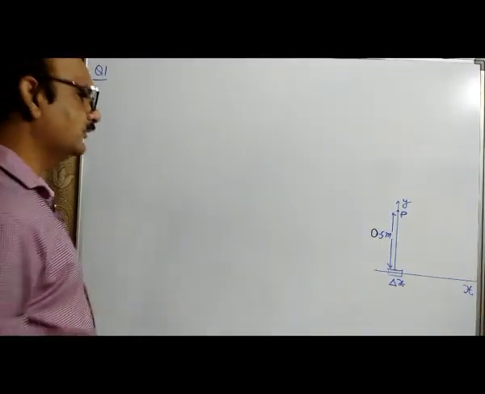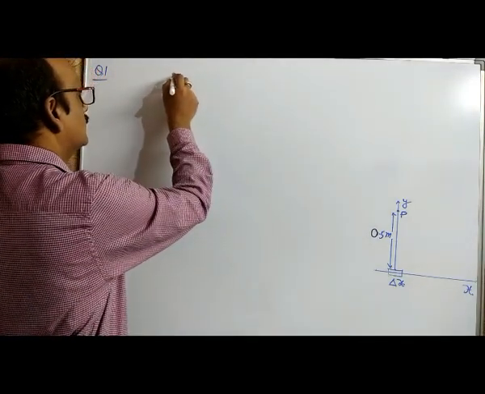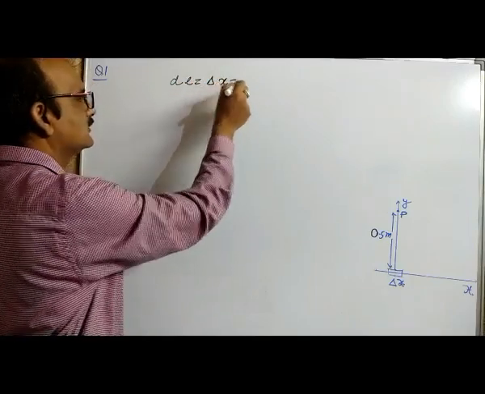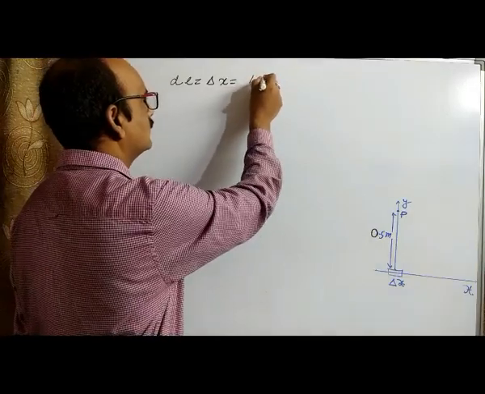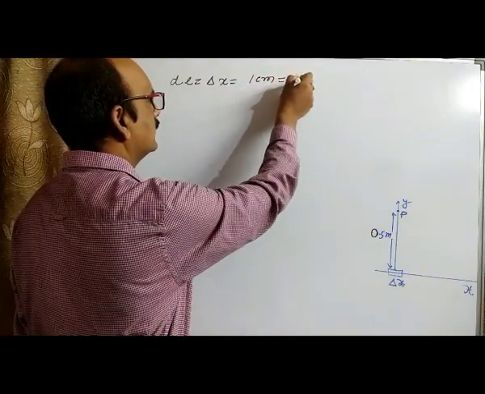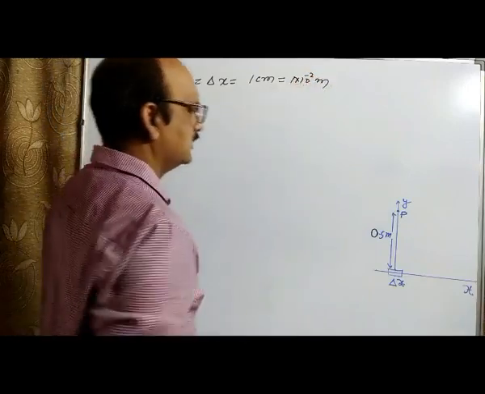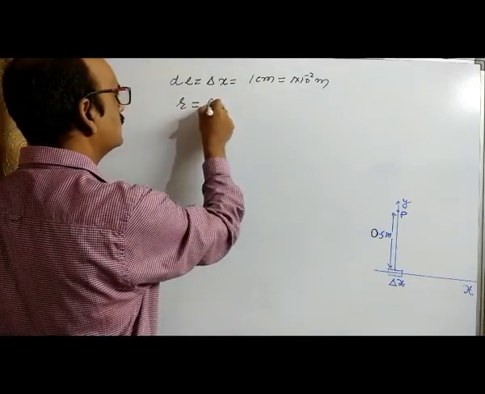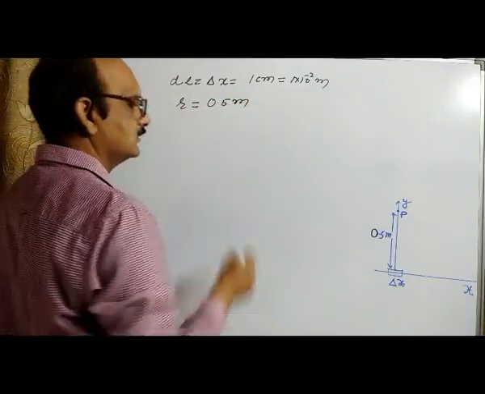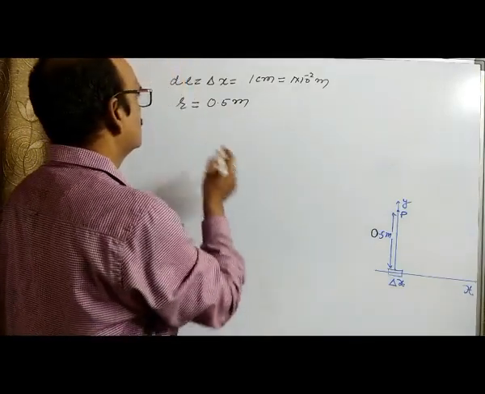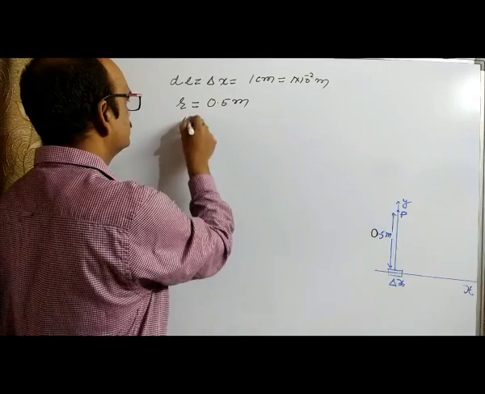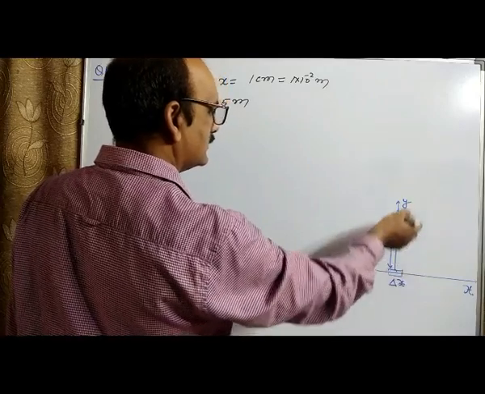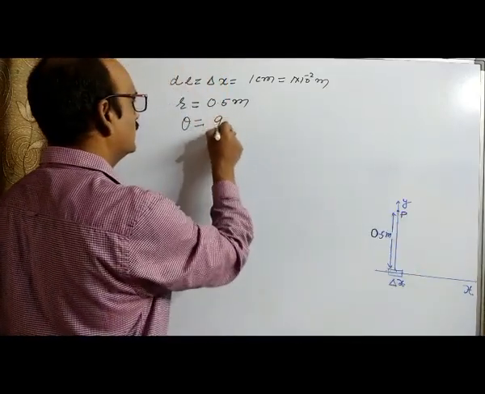In this question, what is given to us? DL equal to delta x equal to 1 centimeter, that is 1 into 10 to the power minus 2 meter, and R equal to 0.5 meter, and theta, that is the angle between DL and R, is 90 degree.